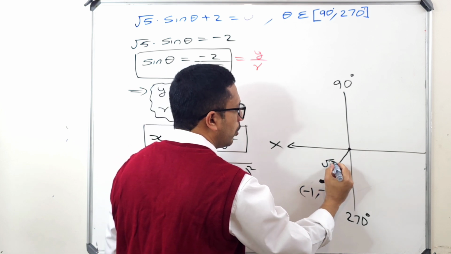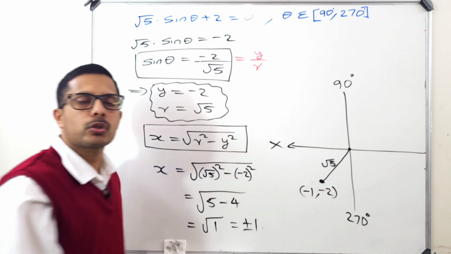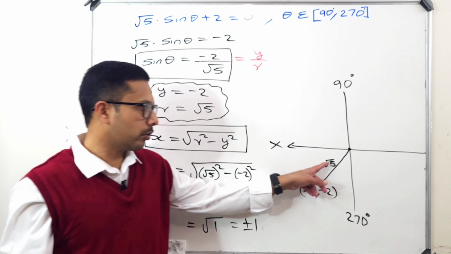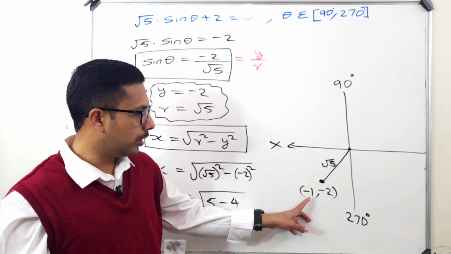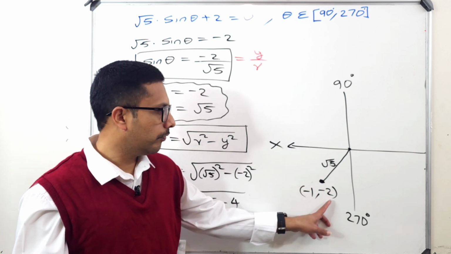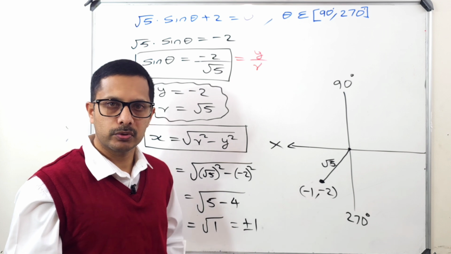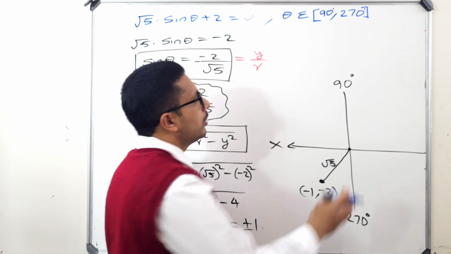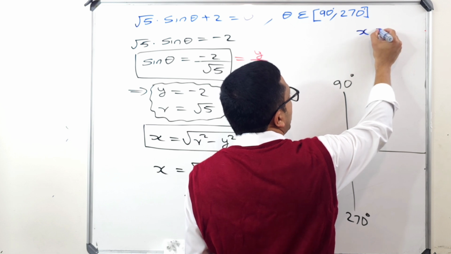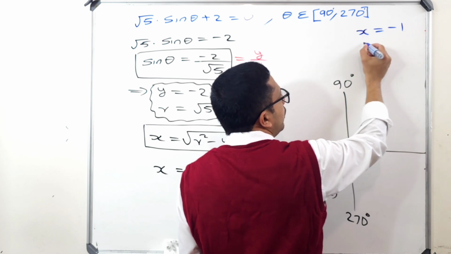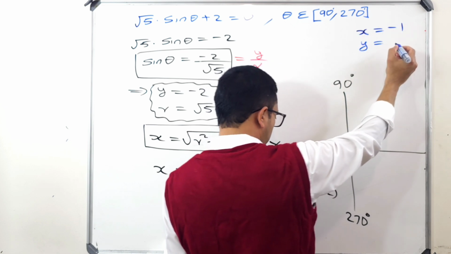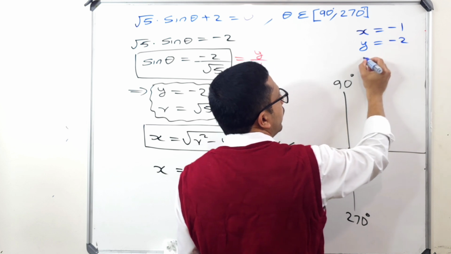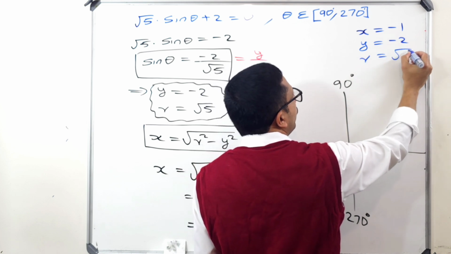It is square root of 5. Okay. So what is the value of r? Square root of 5. And what is the value of x? Minus 1. The y value is minus 2. You understand up to there? Okay. So let me write it once more here. The values of x, y and r. X is minus 1. Y is, what is the value of y? Minus 2. And the value of r is square root of 5.